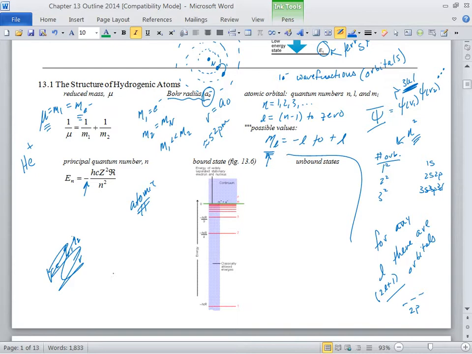But the point is in the numerator of that, you have Q1 and Q2. So we have an electron and a nucleus. One is negative, one is positive. So you multiply them, you get a negative answer. So that's their convention, and they're sticking with it.